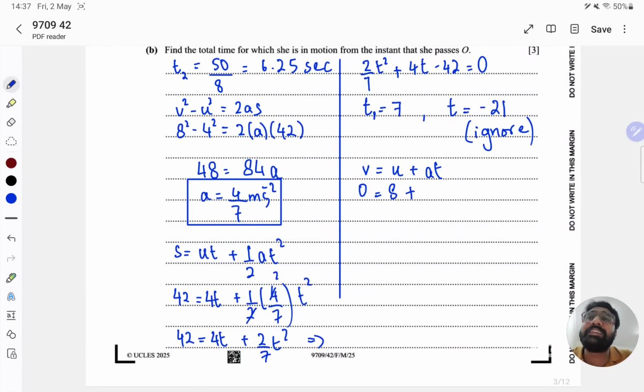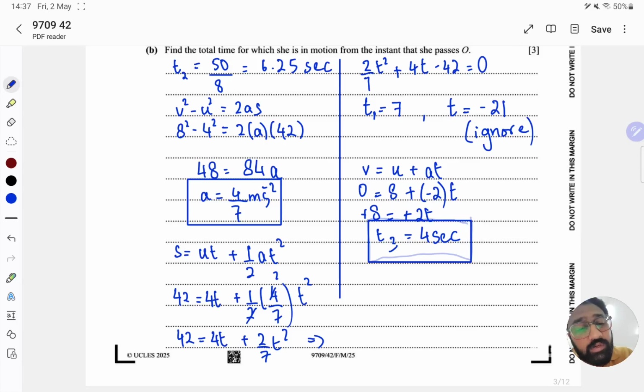It's not accelerating, it is decelerating with 2, so minus 2, and we need to calculate the time. So minus 8 is equal to minus 2t, cancels. So t3, the time for the third portion, is 4 seconds.